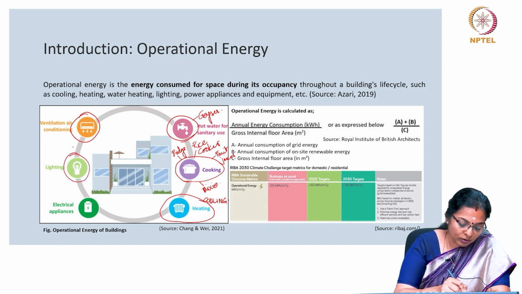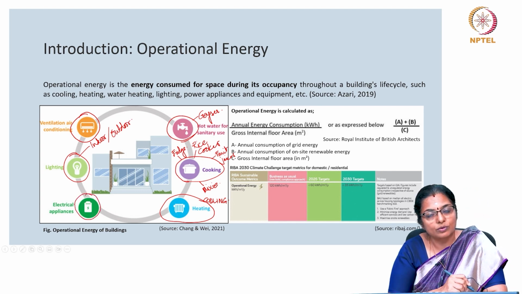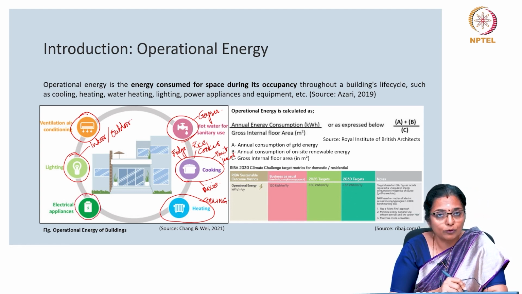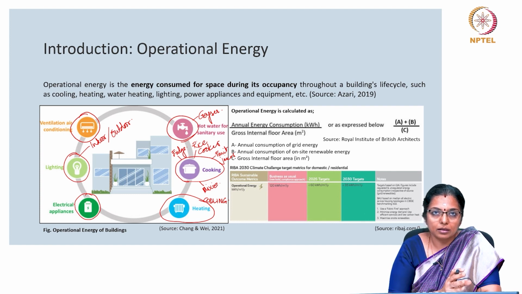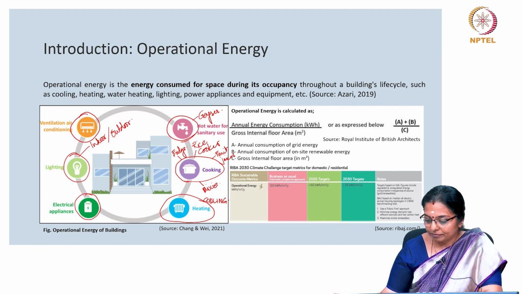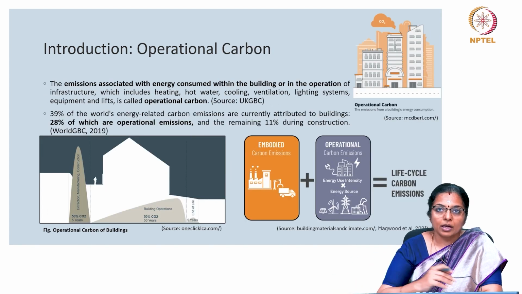Then lighting loads, this can be indoor lighting and outdoor lighting, and the various other electrical appliances that we use in our house, whether it is the mobile phones for charging and so on and so forth. So, this is the basics of operational energy and the operational carbon.